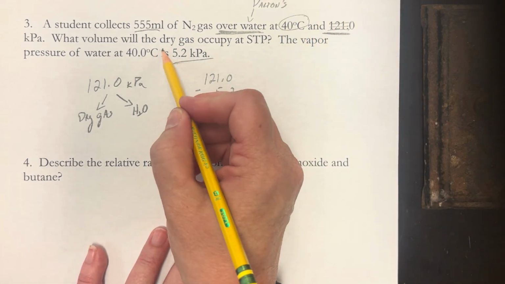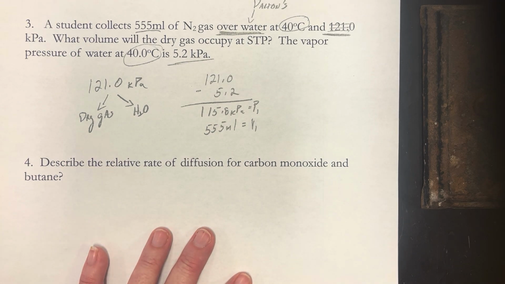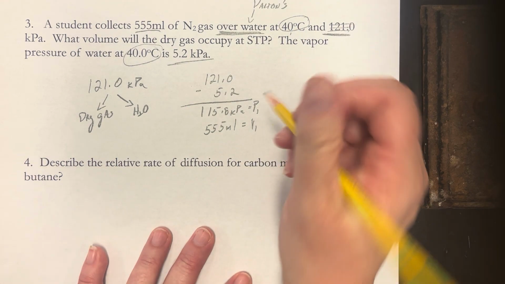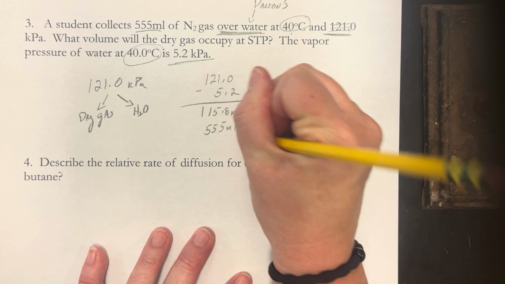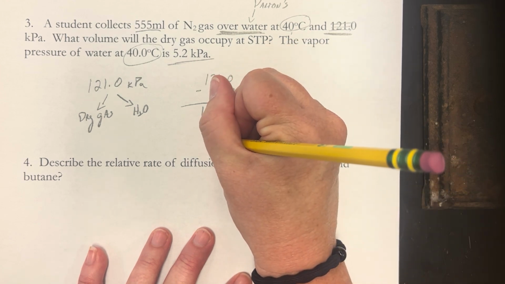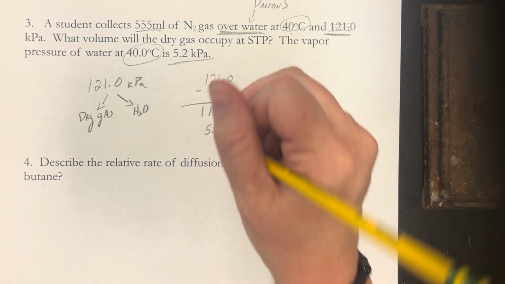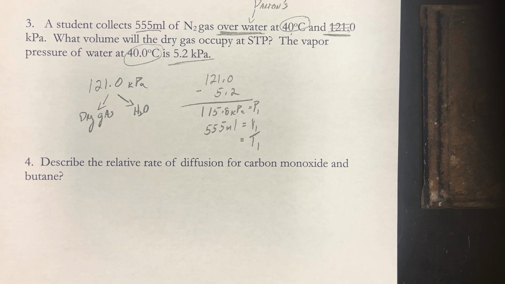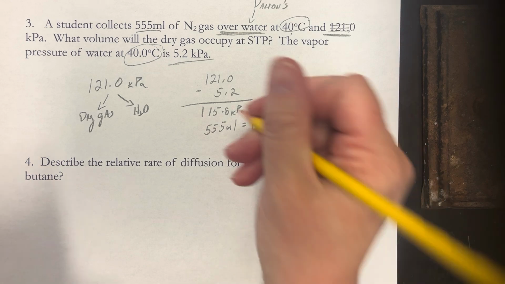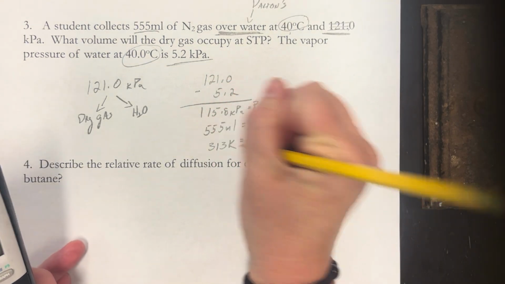You're at 40 degrees at the beginning, so that's your initial temperature. So T1 is 40 degrees Celsius, which we're going to convert, as always, to Kelvin. So that's 313 Kelvin.